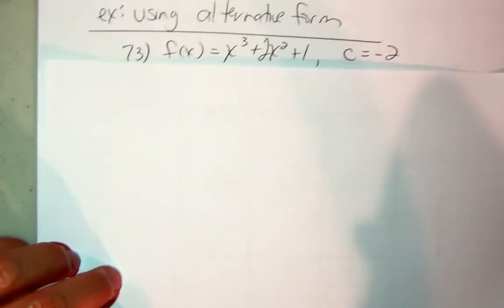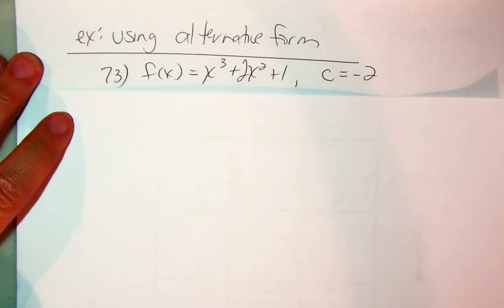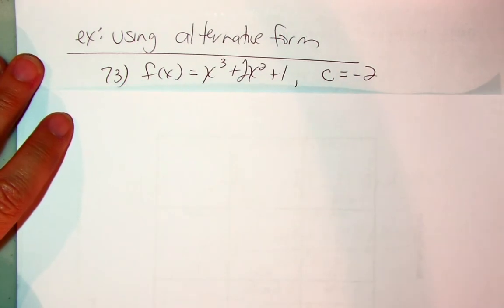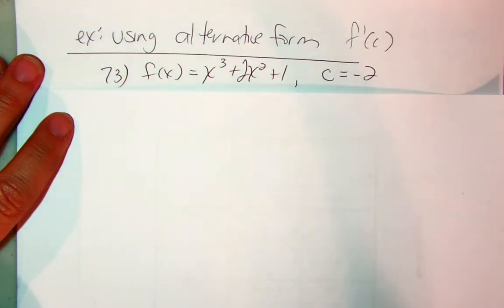So let's try an example. Let's do example number 73. It says I'm supposed to use the alternative form of the first derivative, and the alternative form is the one with c.